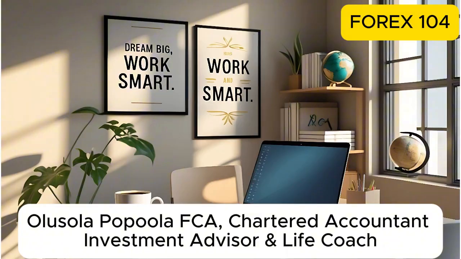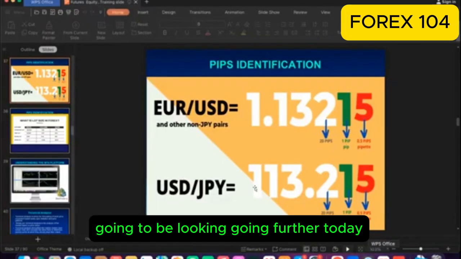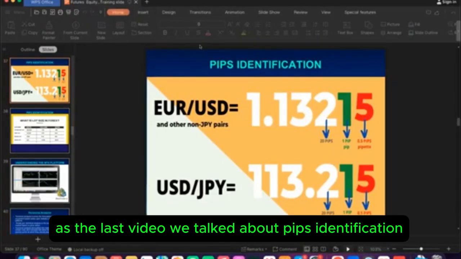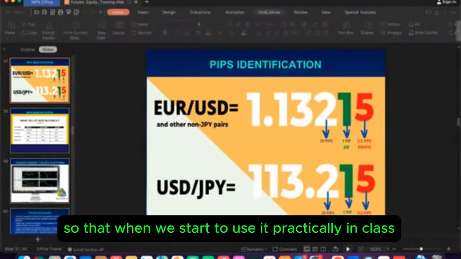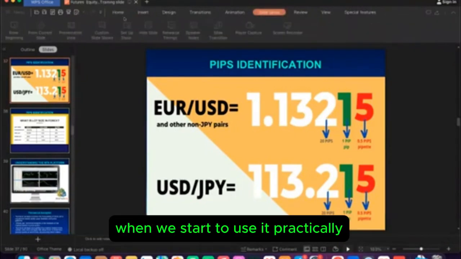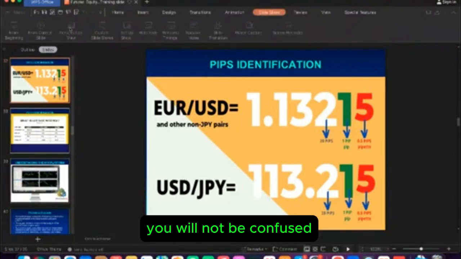Now, talking about empowerment, we're going to be going further today. In the last video, we talked about pips identification, how you calculate pips, and so on, so that when we start to use it practically in class, you will not be confused.